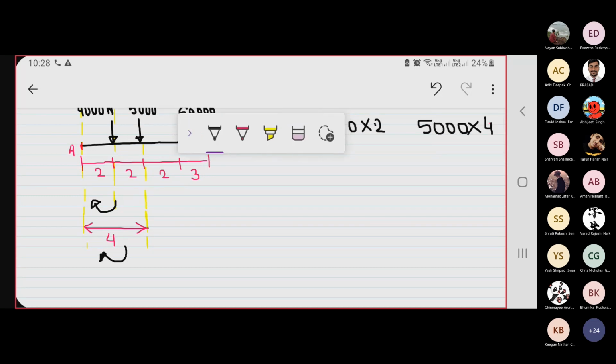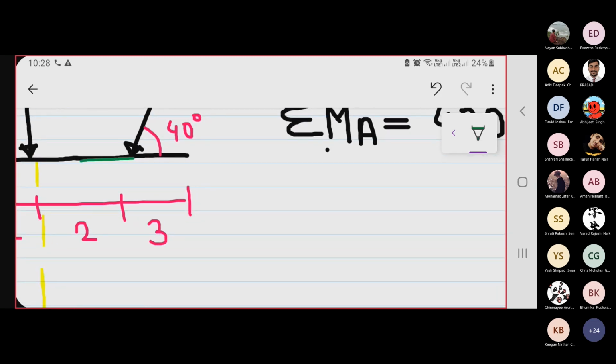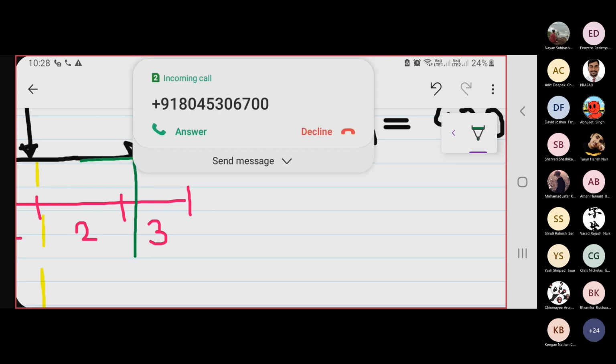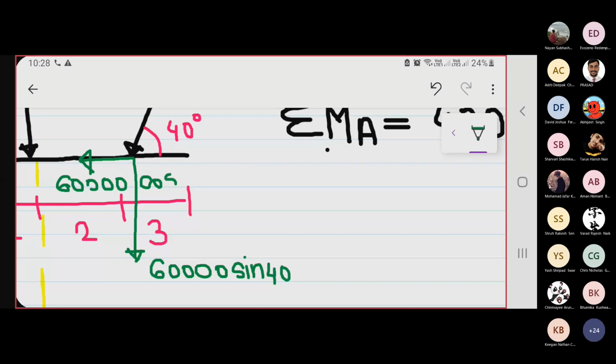Now here, when such a force is given, what you have to do is consider this component at a point. 60,000 sine 40, 60.